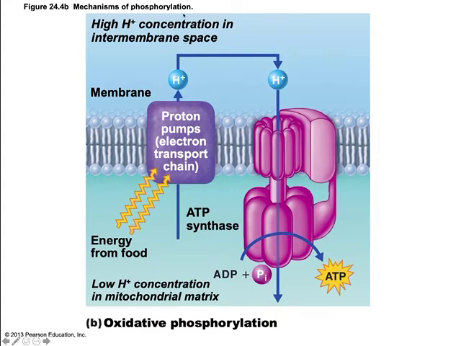So you can see here, right, the pumping from matrix into intermembrane space, and then the protons flow back through ATP synthase, and that is literally current, right? Charged particles moving in a direction down their electrochemical gradient, and then that drives the movement of this little rotor, which makes the ATP.